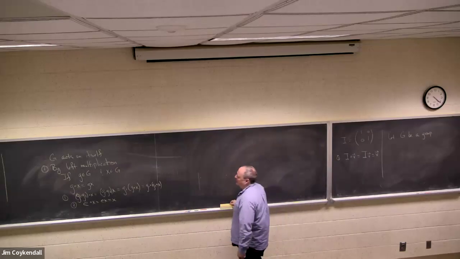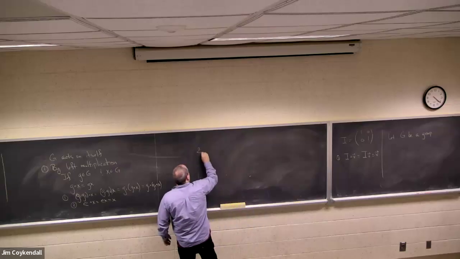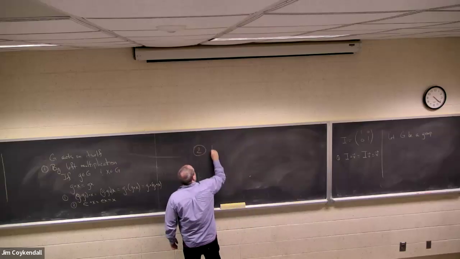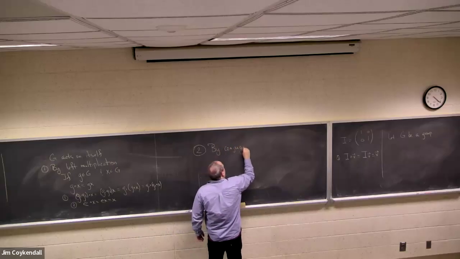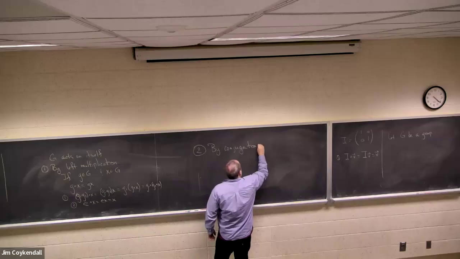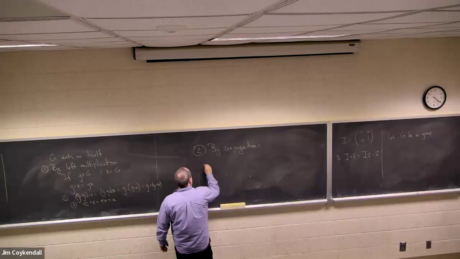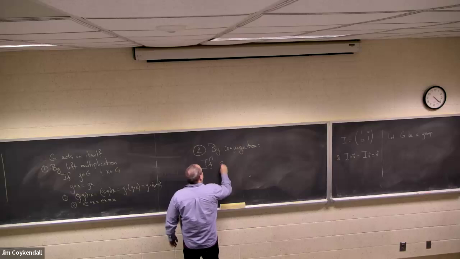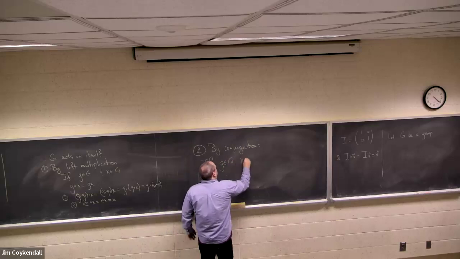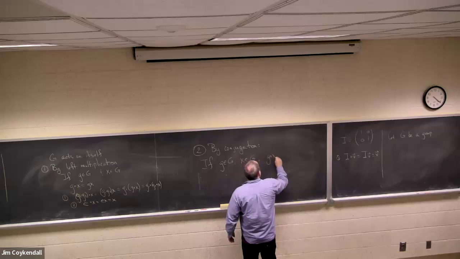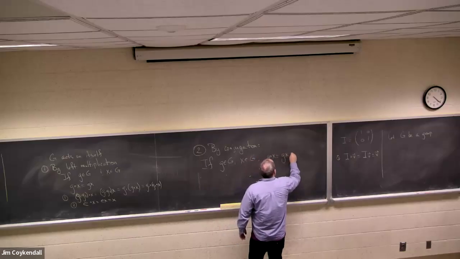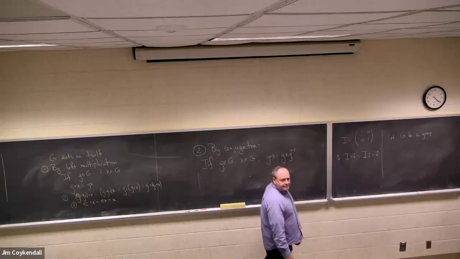So again, I want to steal my own notation here. If g is in G and x is in G, then I'm going to define g acts on x by g x g inverse.